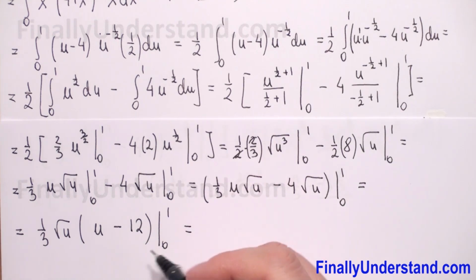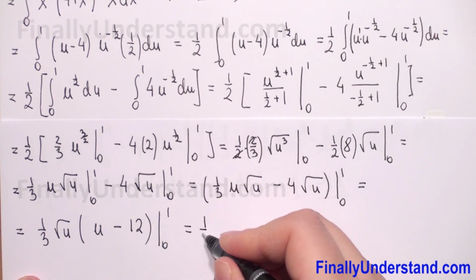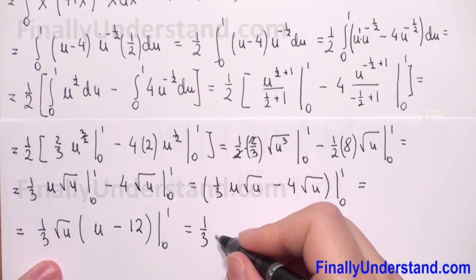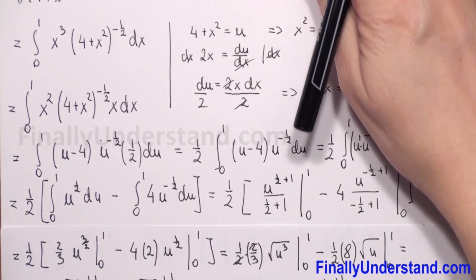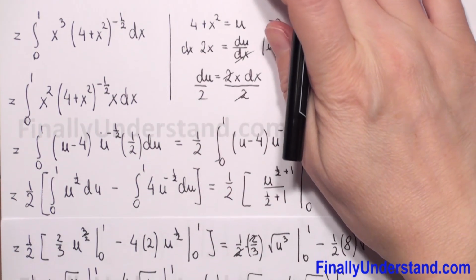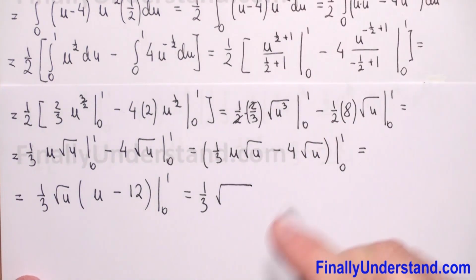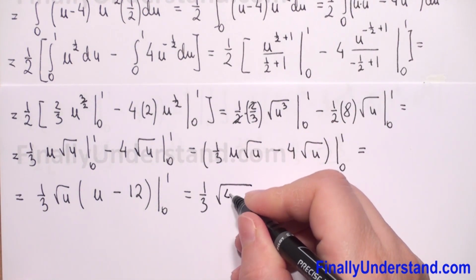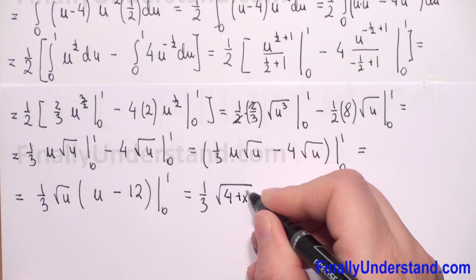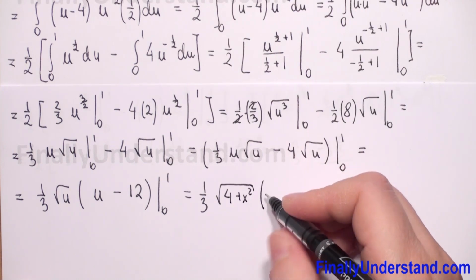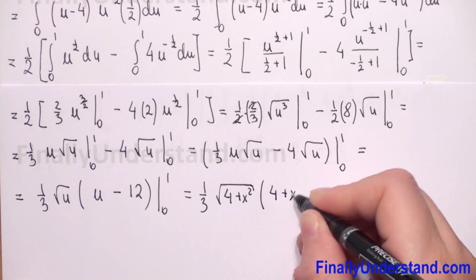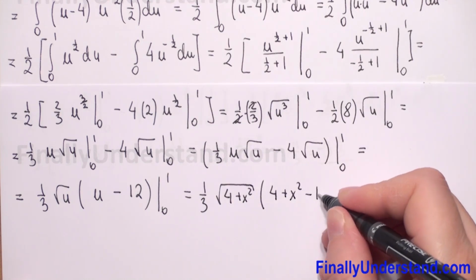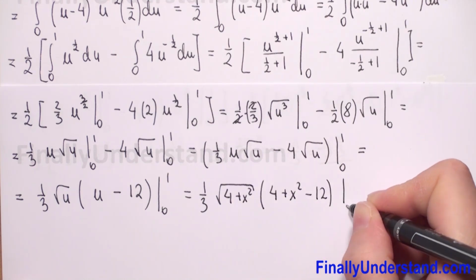Now I come back to our substitution. We have 1/3 u is equal to 4 plus x squared. So we have square root of 4 plus x squared, and in parentheses we have 4 plus x squared for u minus 12. We have to subtract limits from 0 to 1.